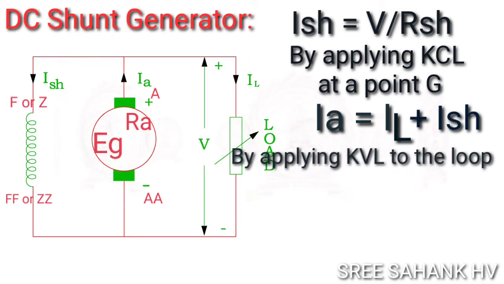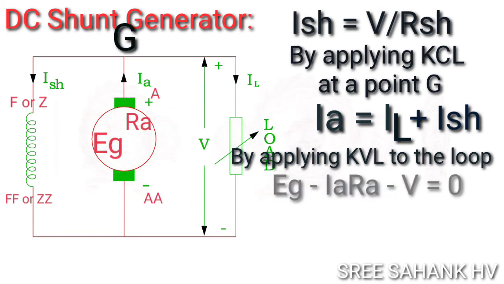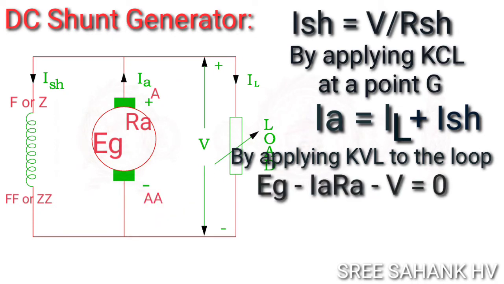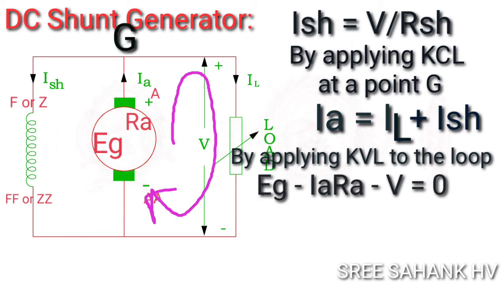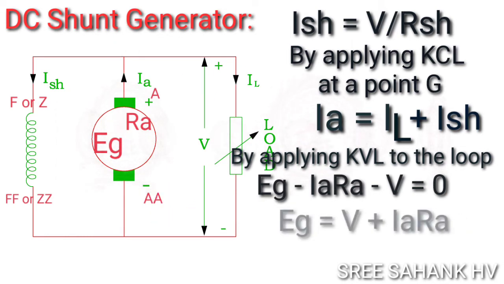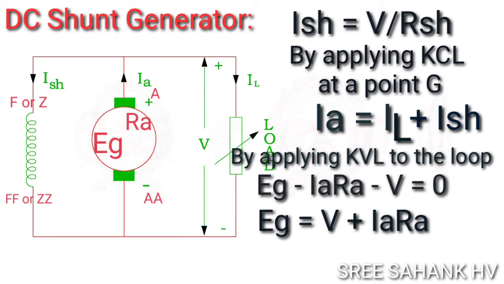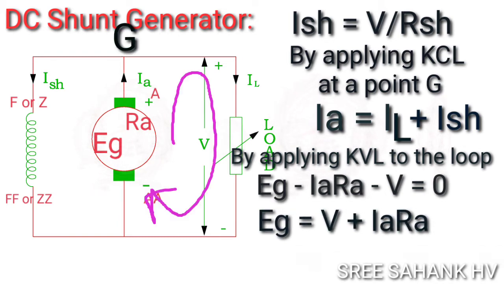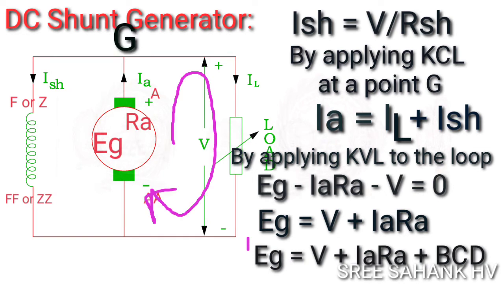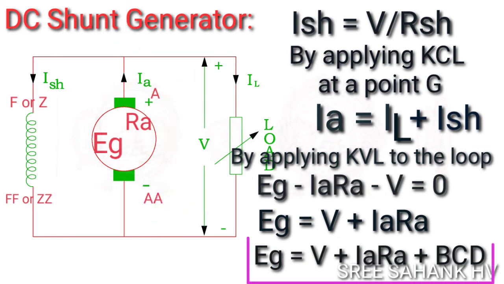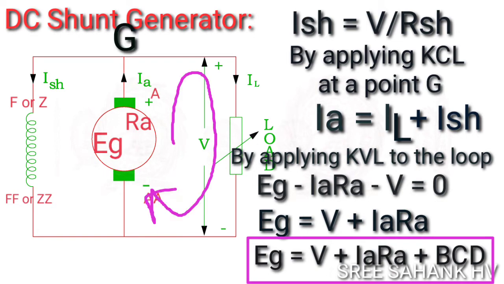By applying KVL to this loop we get EG minus IARA minus V is equal to 0. So EG is equal to V plus IARA. Finally EG is equal to V plus IARA plus BCD. Here BCD means brush contact drop.